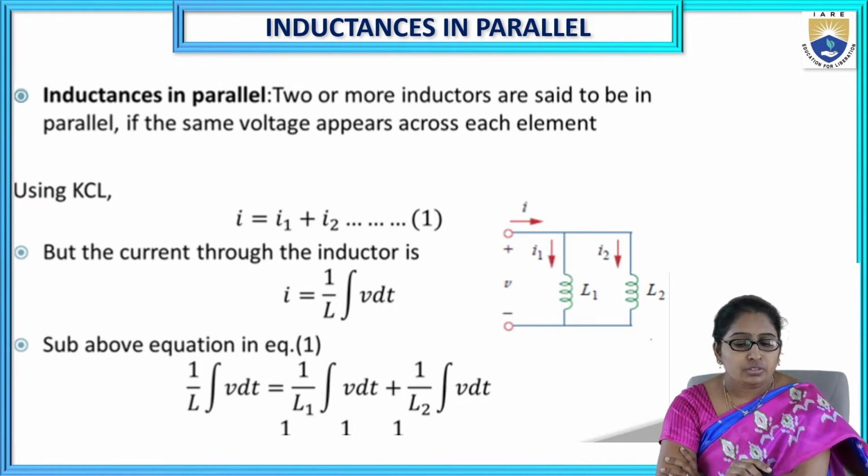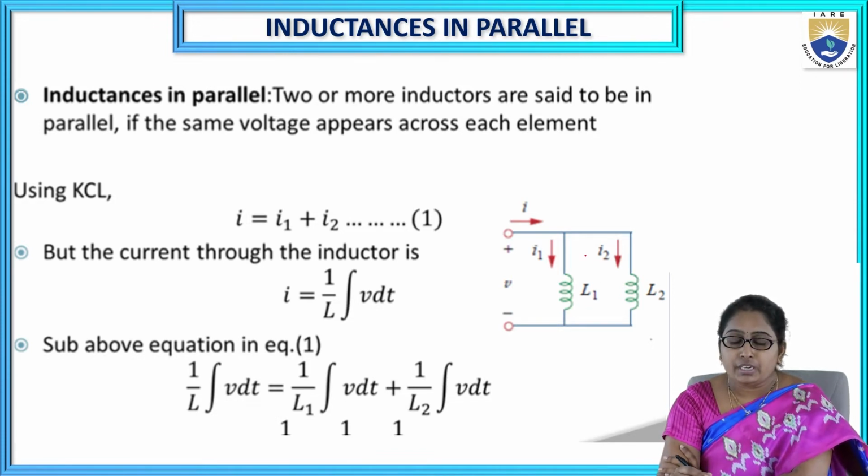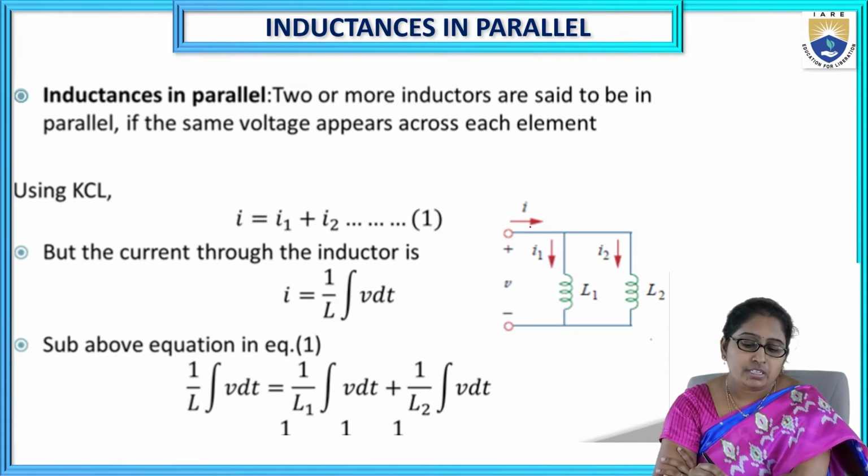So here two inductors are taken, L1 and L2, which are connected in parallel across a supply voltage V, as you can see in the diagram. A supply current I flows in the circuit, which is divided among the two elements.